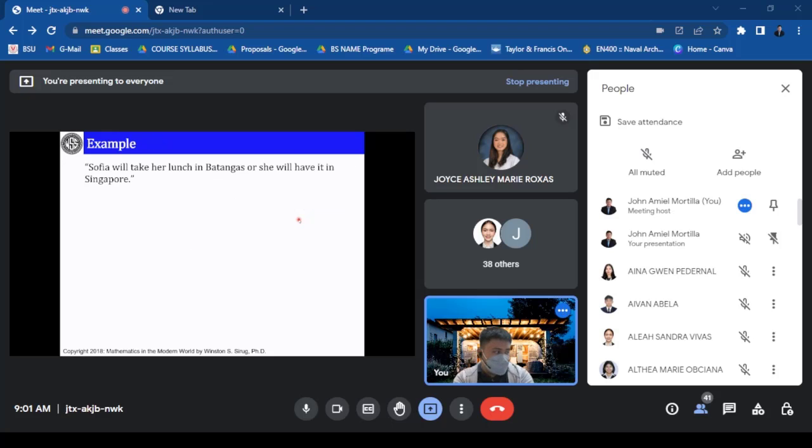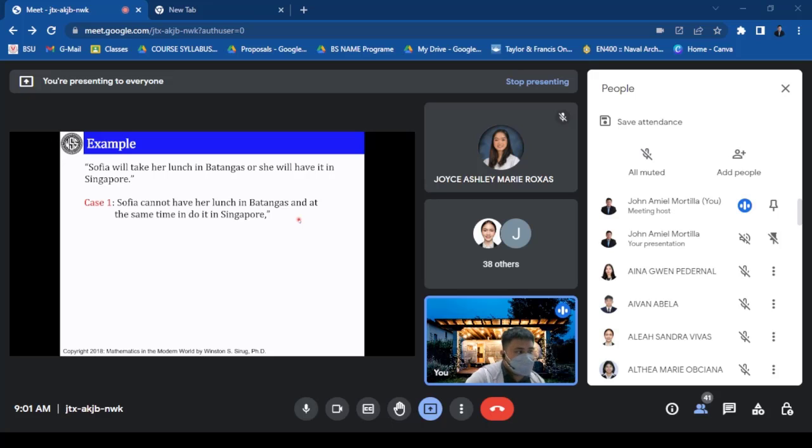So, example, Sophia will take her lunch in Batangas or she will have it in Singapore. Okay. So, think about it first. Sophia will take her lunch in Batangas or she will have it in Singapore. What happens there? Case 1.